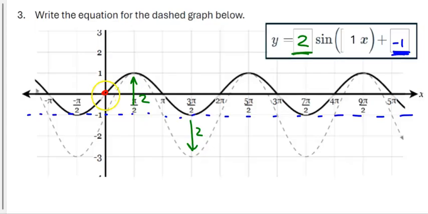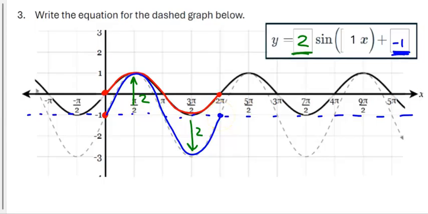So we're at a sine graph, so we're starting at 0. So the new 0, when we slide the graph down to the midline to -1, that new 0 basically is at -1 instead of at 0, 0. And if I would graph one period of sine, it would go from 0 to 2 pi. If I would graph one period of the other graph, it's also 2 pi.